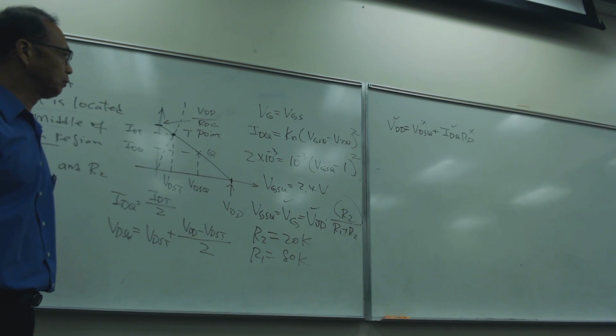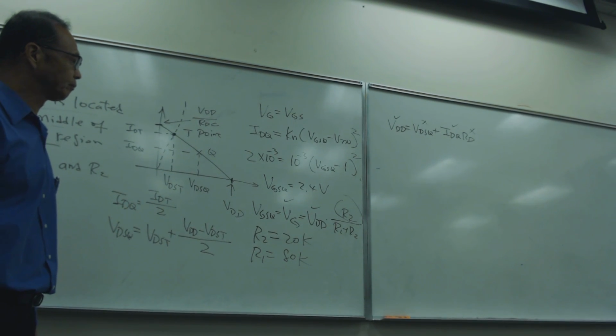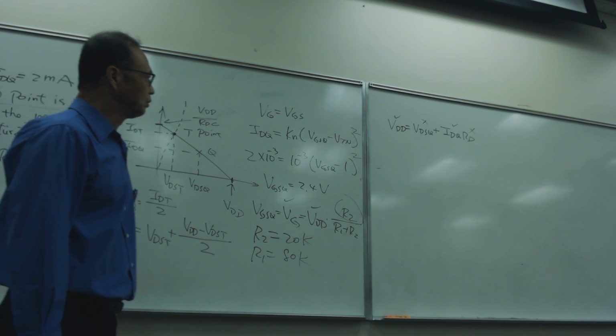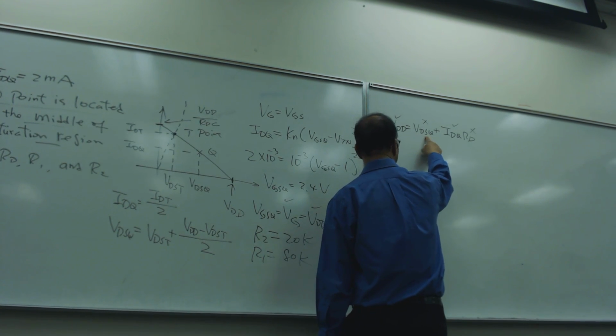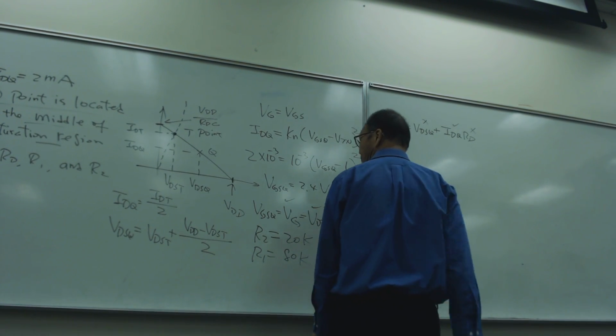So you've got two equations, one equation and two unknowns. So you need one more equation. So hopefully I can try to find VDSQ, right?